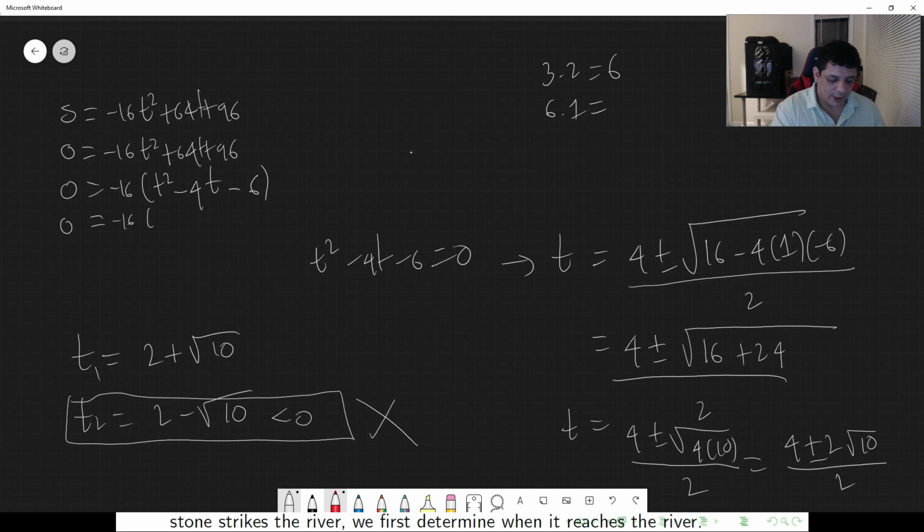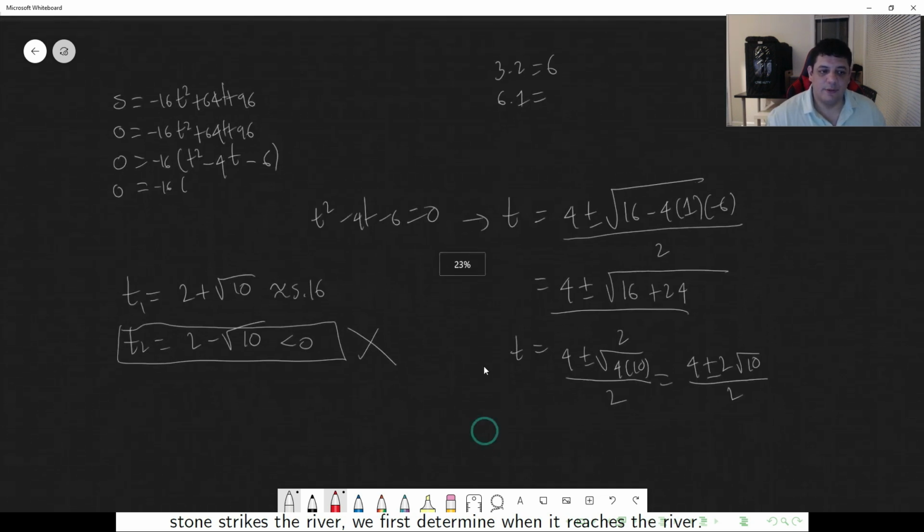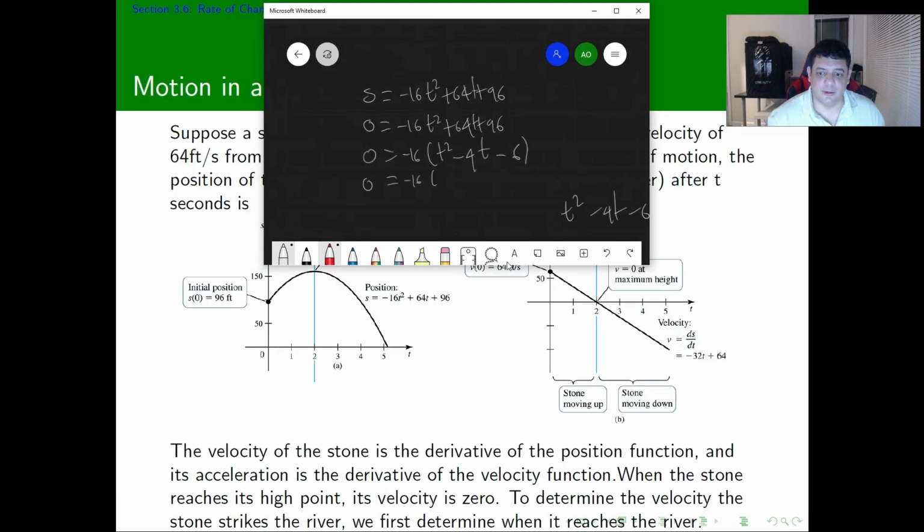Okay? So now if I calculate the square root of 10, I can find out what that is, and it's 5.16 more or less. And so at this point we're going to reach when the height is equal to 0. Okay? So I found that this is 0.